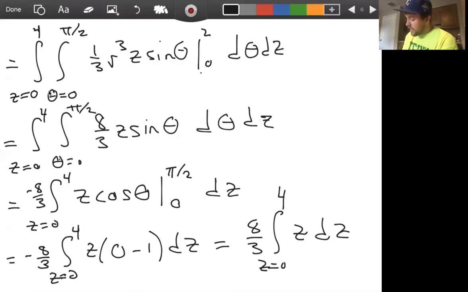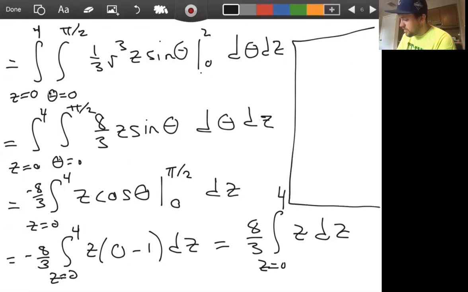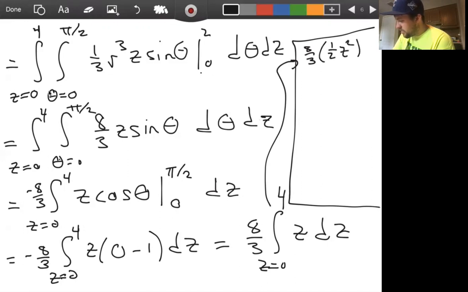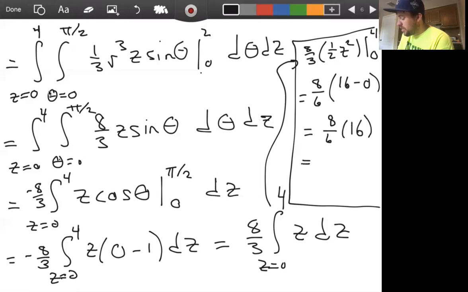And we can quickly integrate this. This is 8/3 times one half z squared, evaluated at 4 and at 0, so that's 8/6 times 16 minus 0, which is 64/3.